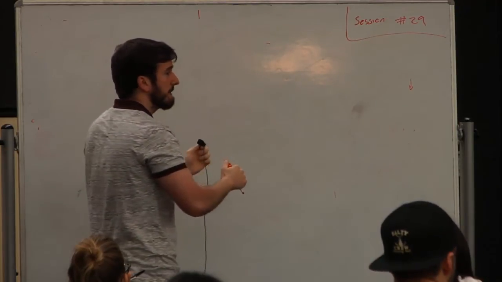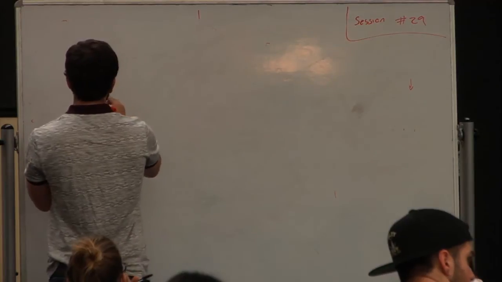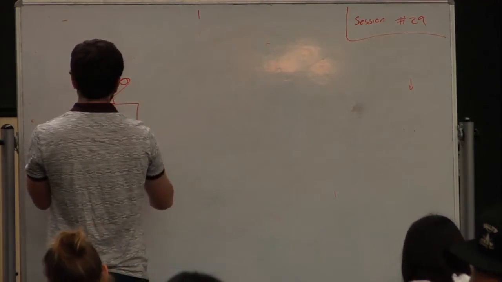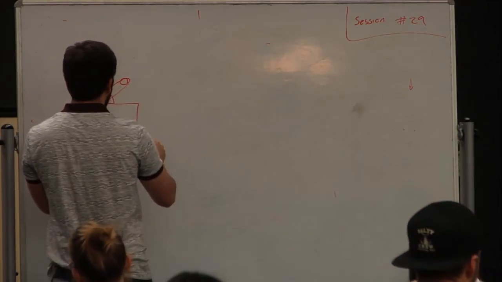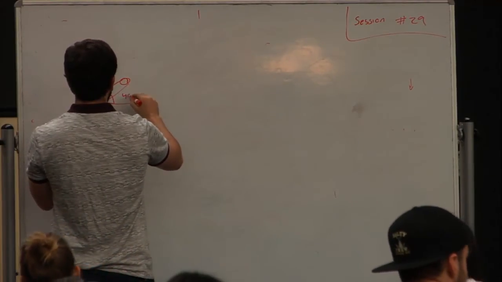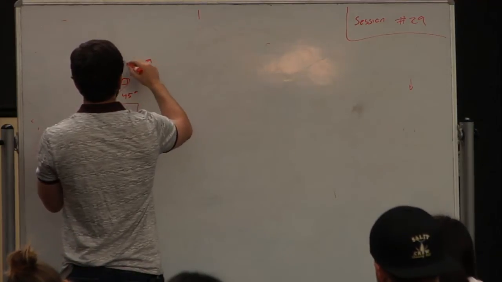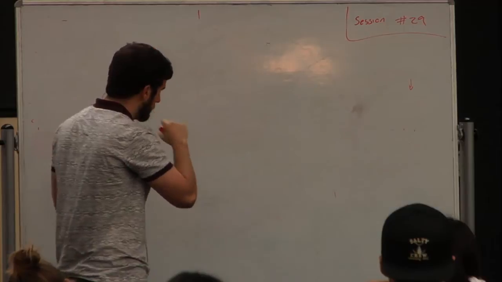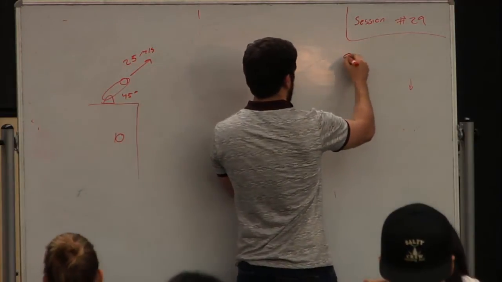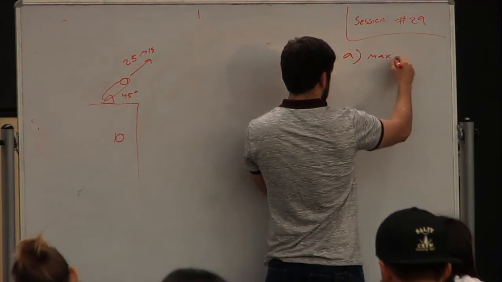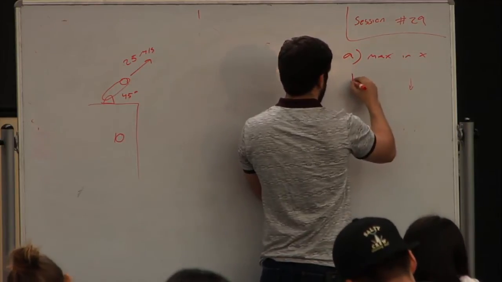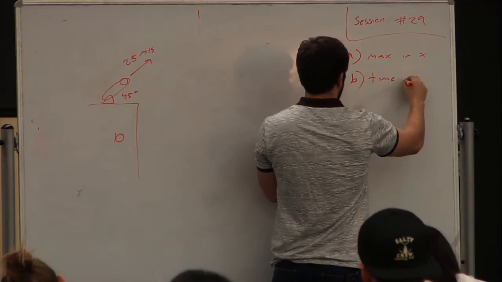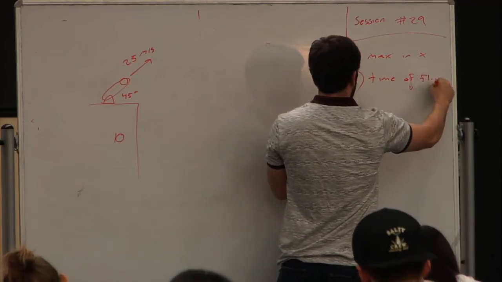I want to solve for the max displacement in x, time of flight. What else do I want to solve for? Angle at final velocity. Angle it hits the ground with. And just for fun, we'll do max height.